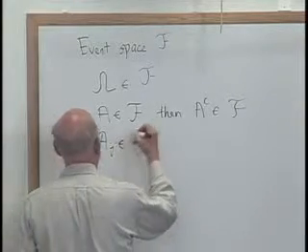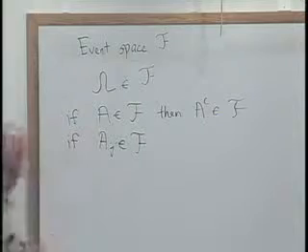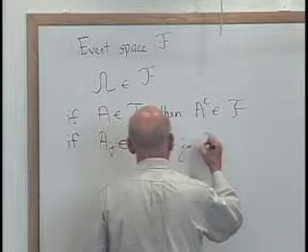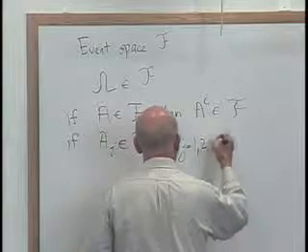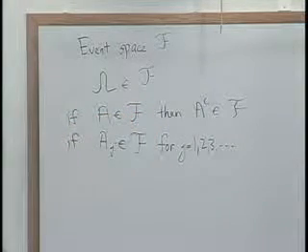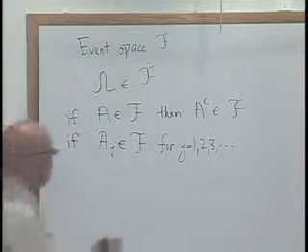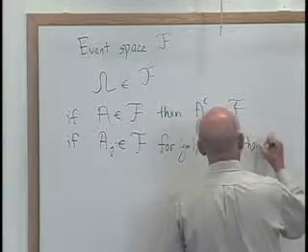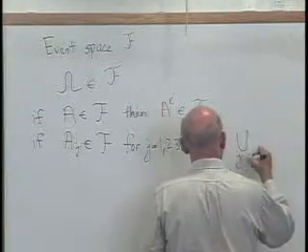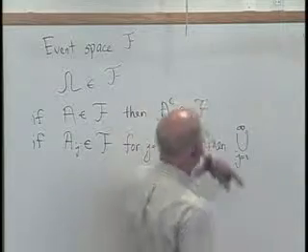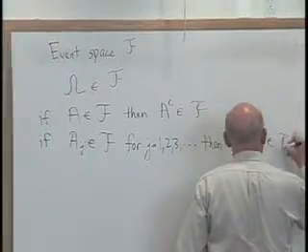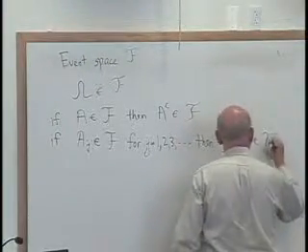So if we have a bunch of events that are all in the event space F, for j equals 1, 2, 3, and so on, but this means we may have a finite number of them, we may have a countably infinite number of them, and the requirement is then the union of all those events up to n or infinity is also in the event space.